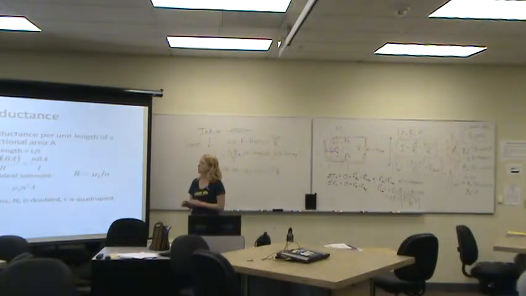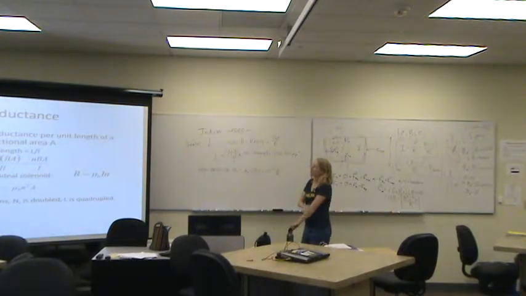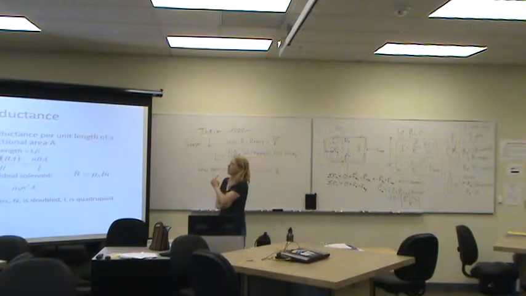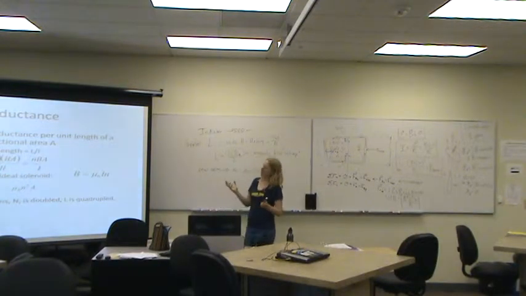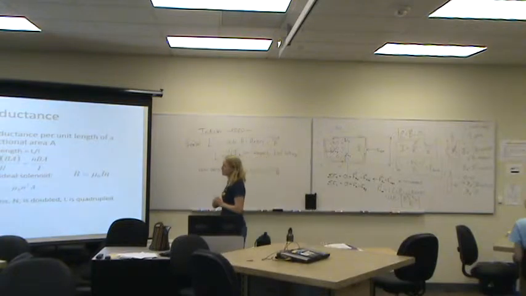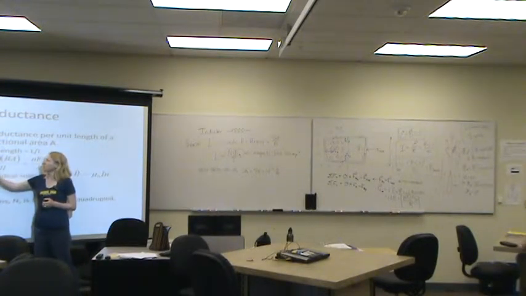If you've got a solenoid of cross-sectional area A, and you want to find the inductance per unit length, then the inductance per unit length would be big L over little l, being the length. You just take your inductance equation and put a little l in the denominator, and we can relate that little l to the total number of turns.